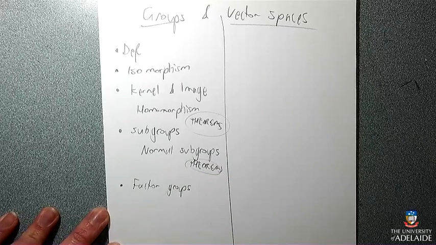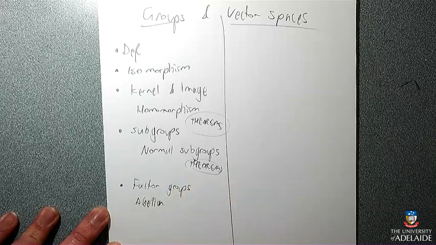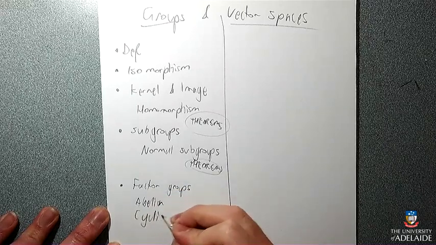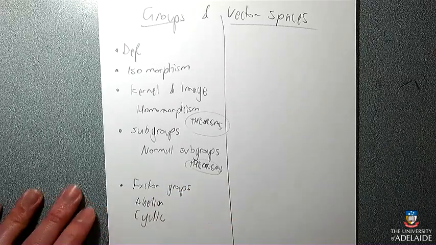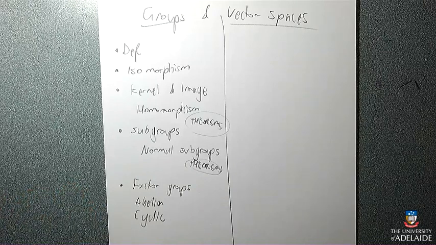Abelian would be a word that was used to describe groups. And cyclic? Is that a word that we use? Quotient?